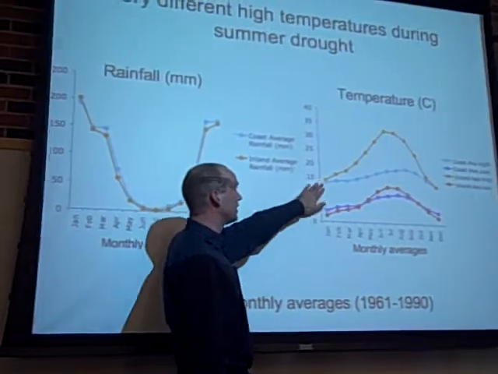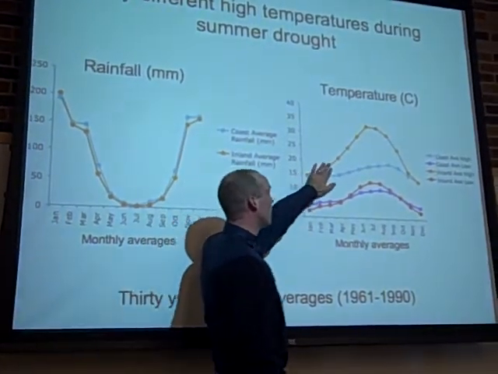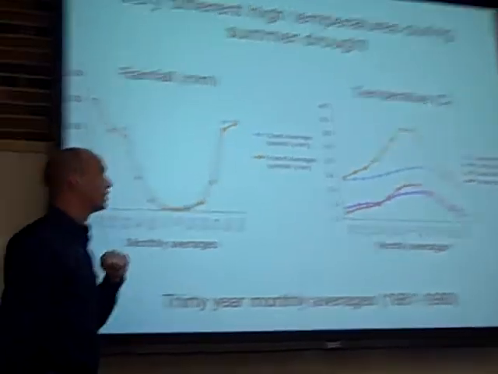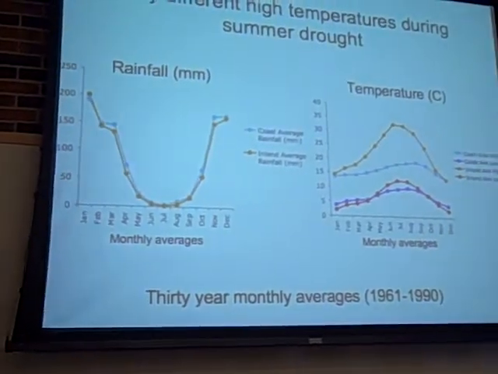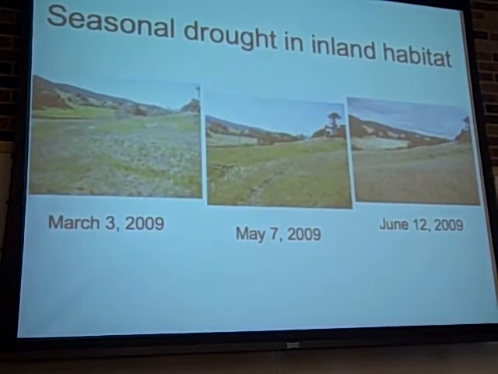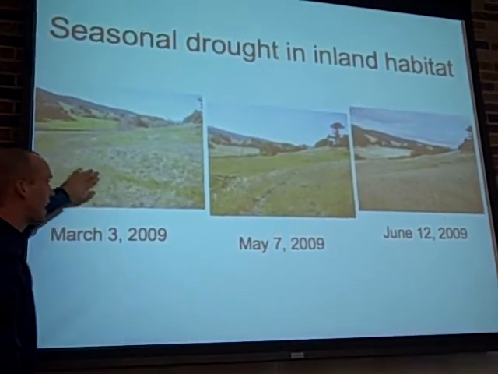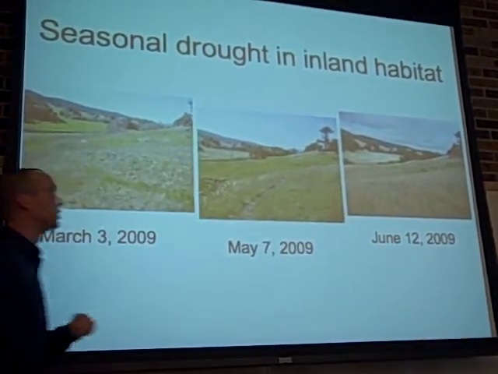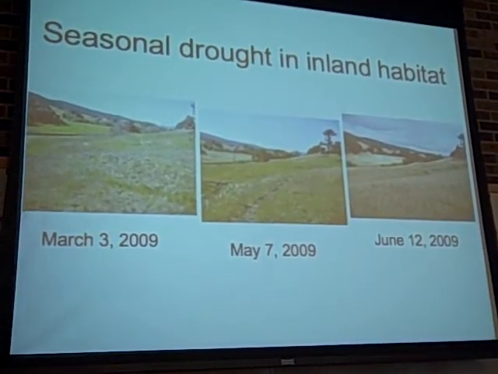But if you look at the seasonal temperatures, the high temperature during the summertime for inland habitats gets much higher and much hotter than in coastal habitats. And if you look at the seasonal drought in the inland habitat, you'll have green grass till May, and then in June it just rapidly goes to dry because it's the end of the rainy season.